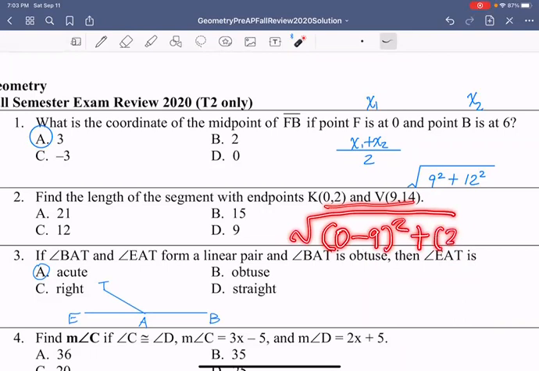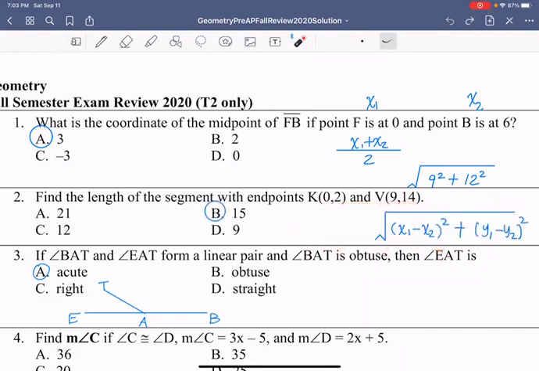Do the calculation on your paper and tell me your answer. 81 plus 144. It's 225, which is 15.